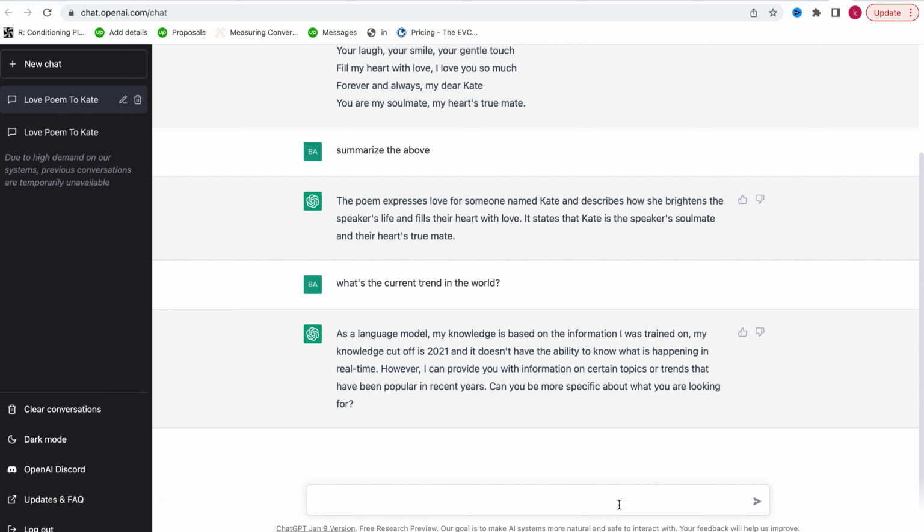Okay, so let's look at COVID-19. COVID-19 was still there, so let's ask about the trend in the healthcare system. What's the current world trend in health?